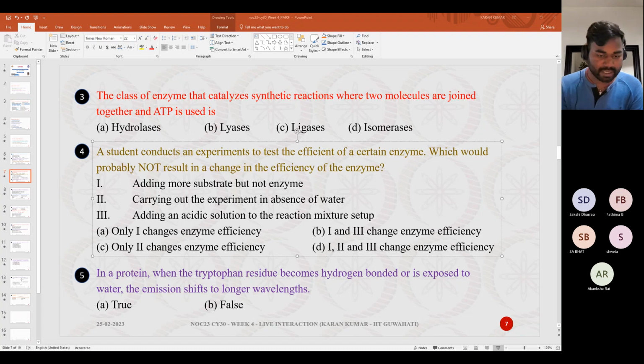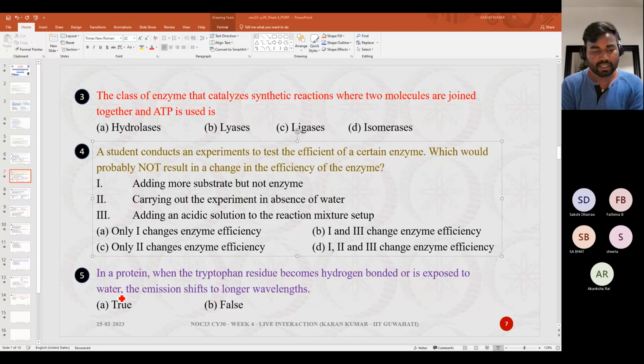This is related to the catalysis, because a protein absorbs when aromatic amino acid residues like tryptophan are present. The three amino acid residues, tryptophan, tyrosine, and phenylalanine, are responsible for absorption of UV light.